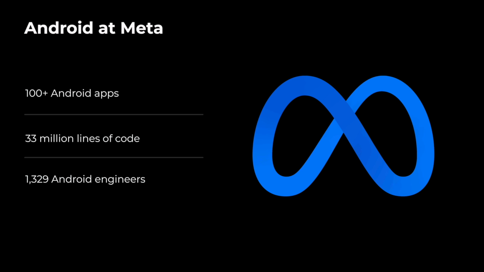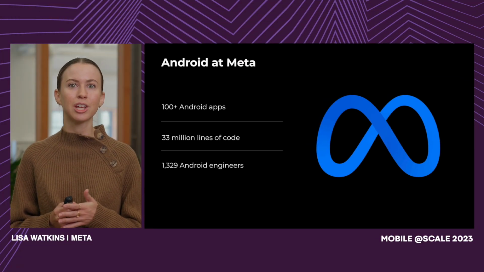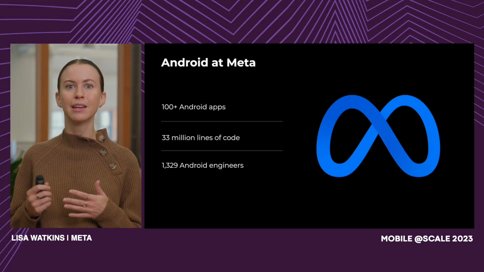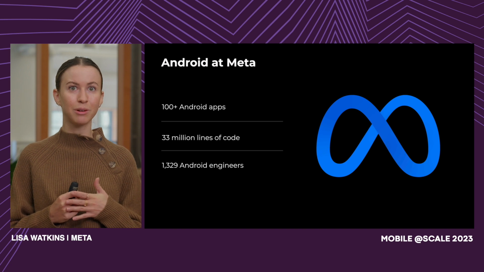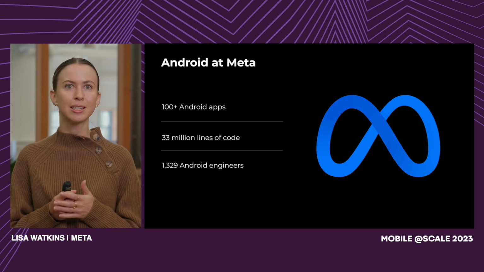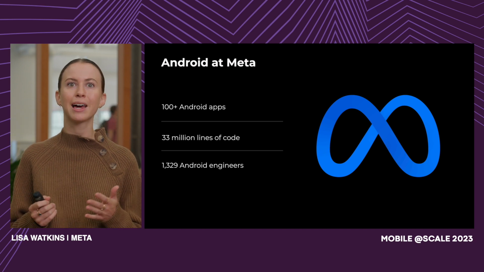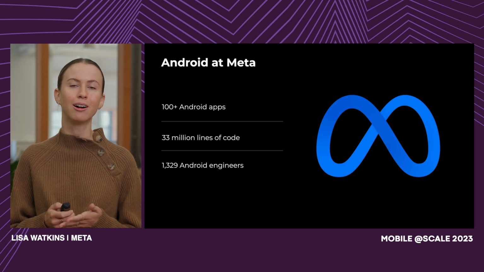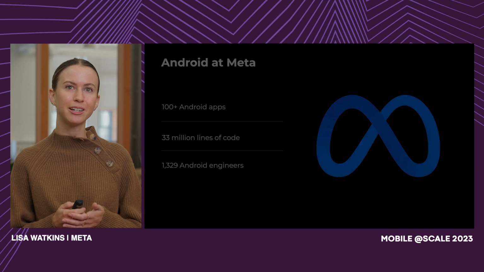This Android code accounts for 33 million lines of code within the monorepo, and we have about 1,500 Android engineers across Meta. So a large infrastructure change like migrating Instagram to Kotlin involves a lot of coordination with teams outside of Instagram across Meta. And just because of the scale of our monorepo, we had a lot of challenges on this path to Kotlin that I'll get more into later.